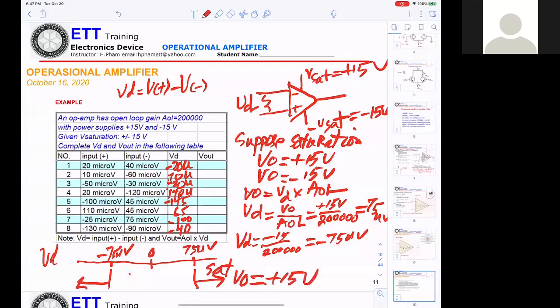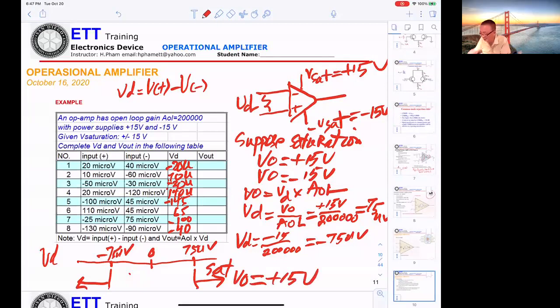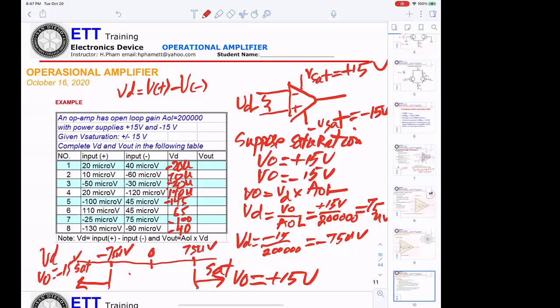Perfect. On this other side, if the input is less than minus 75 microvolt, it is also saturated, and V out equals minus 15.